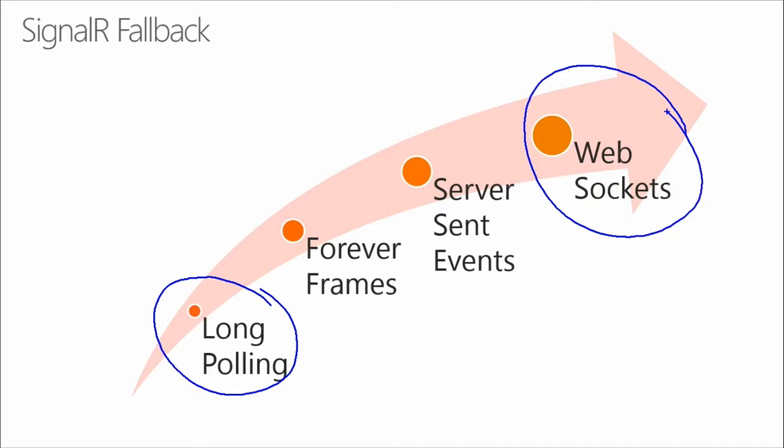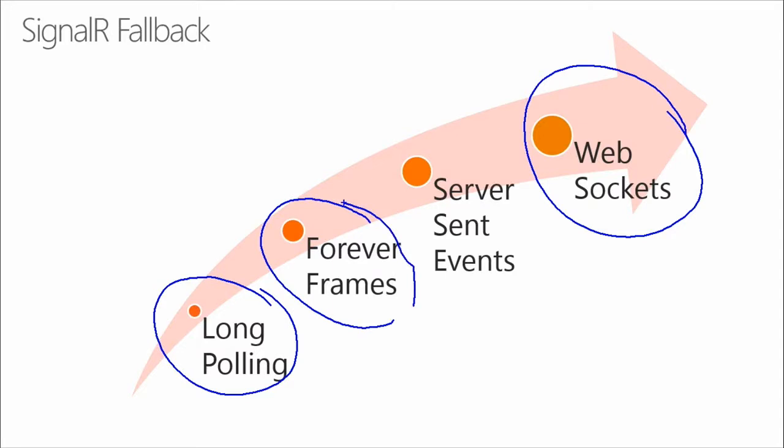And WebSockets is a new protocol. It does use port 80 and 443 for non-SSL and SSL respectively, but it's not HTTP. It's designed for two-way communication. Now, the catch with WebSockets is that, unfortunately, not every browser supports it.